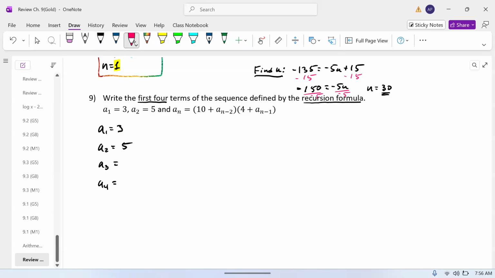The recursion formula is a sub n equals 10 plus a sub n minus 2 times 4 plus a sub n minus 1. So n minus 2 means 2 terms back, and a sub n minus 1 means 1 term back.